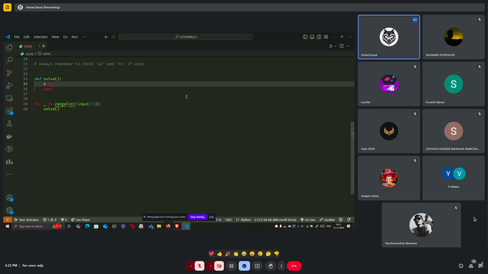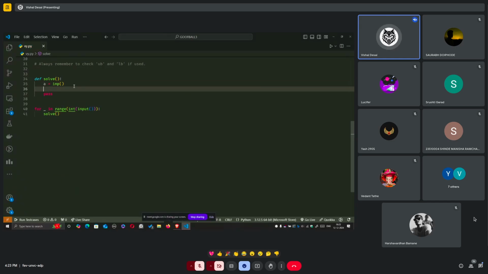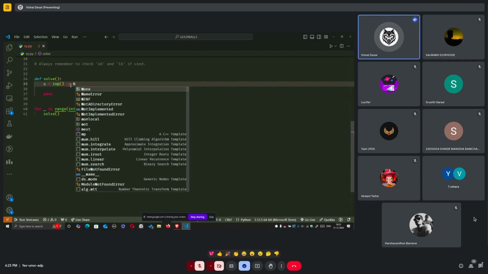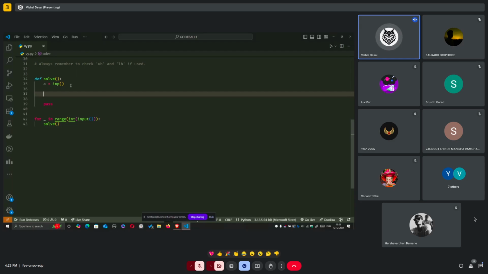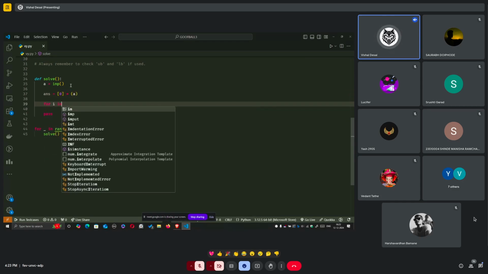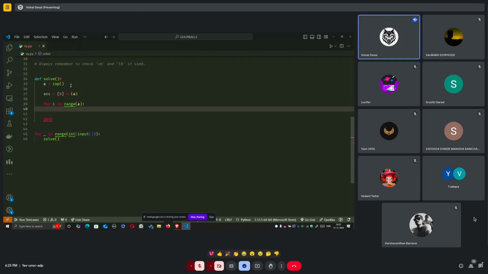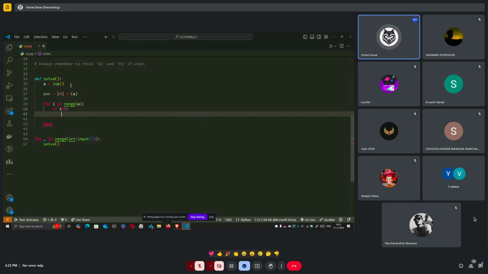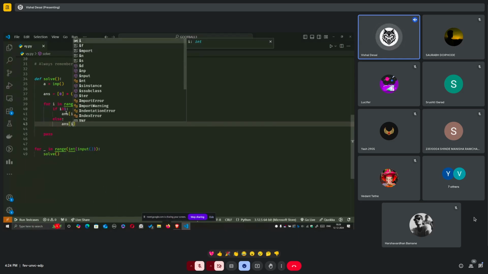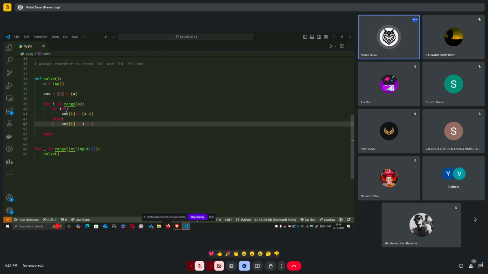Let's say we are given just a number as an input. That is, this is our n. Then we will create an answer array of size n, that is a in this case. For i in range a, if i ampersand 1, that is if the index is odd, then ans of i equals a minus i, else ans of i equals i plus 1.